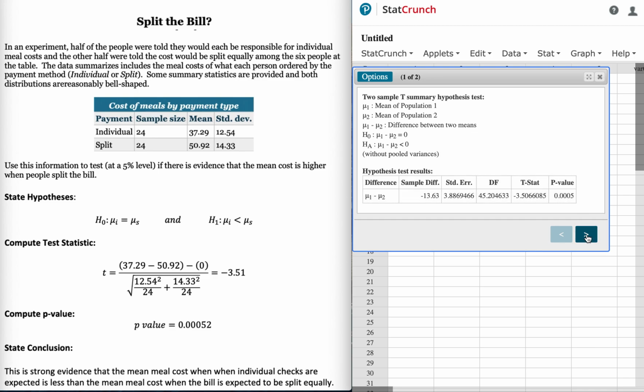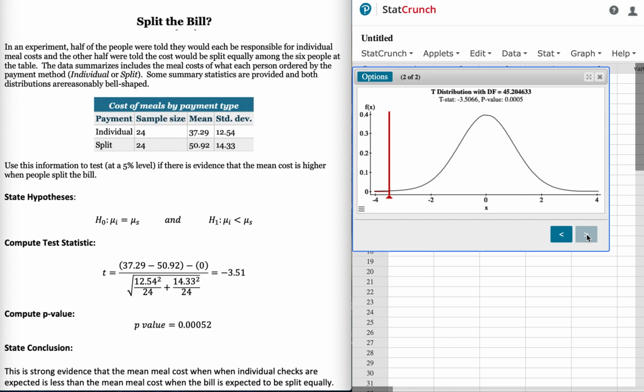If I look at the second page of the output, hit the arrow key, they've plotted the negative 3.51 over here to the left and shaded in the area in that tail. And that area in that tail is the p-value, 0.0005. So what I witnessed, had the 2 means actually been equal, was well below 0.